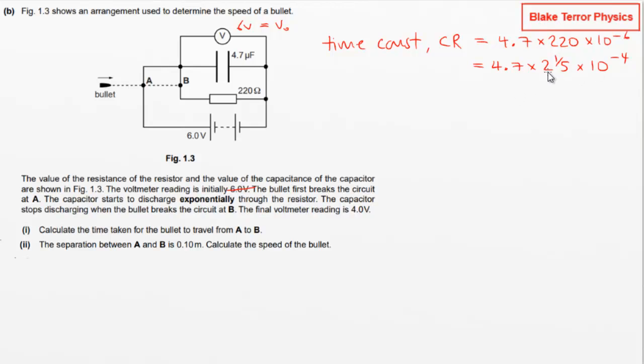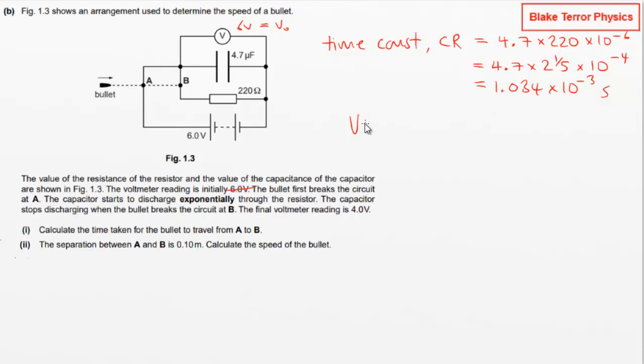So that's going to be 9.4 plus 1, 10.4, and then take away 0.06. So that's going to be 10.34. So let's go 1.034 times 10 to the minus 3 seconds. Right, so that's given us our time constant.